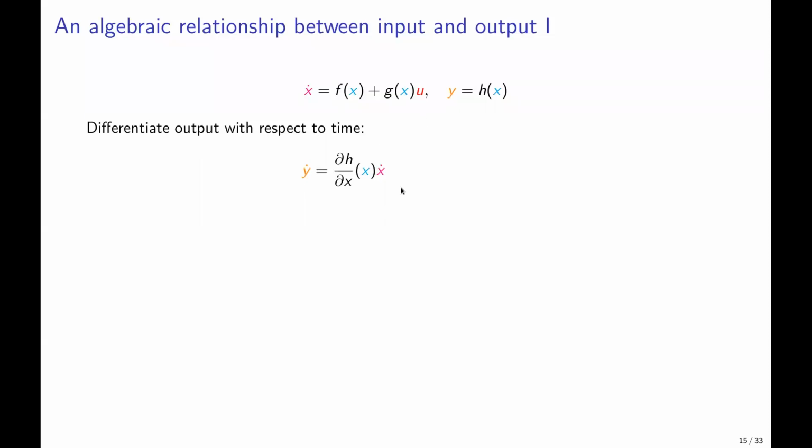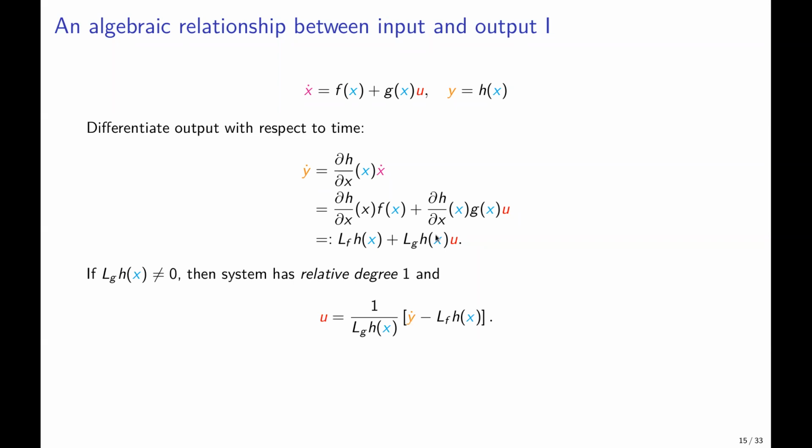Do some chain rule. See that here, this X dot, we can put in our differential equation, and we get an equation like this here. There's a certain formulation: these dot products between a Jacobian and another vector field, you use these Lie derivatives here, but it doesn't really matter. It's just dot products between functions. So now we actually already have an equation between Y dot, some derivative of the output, and the input U.